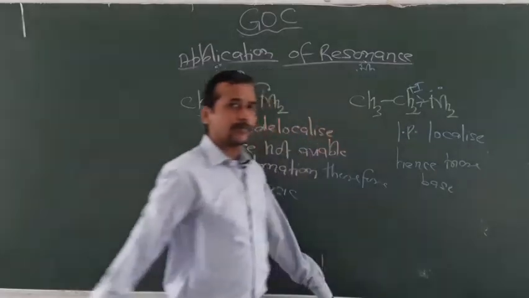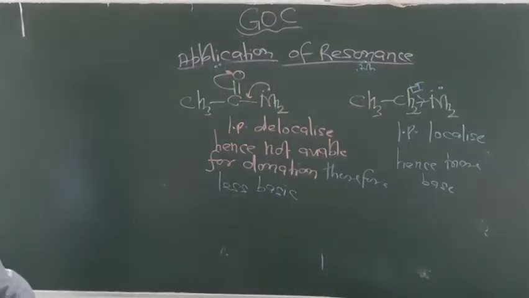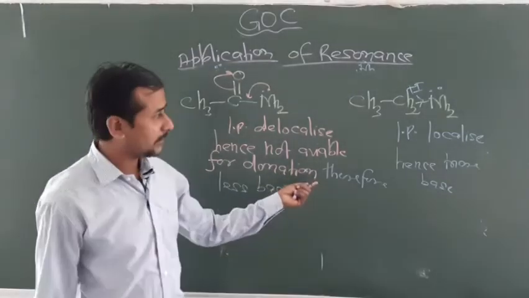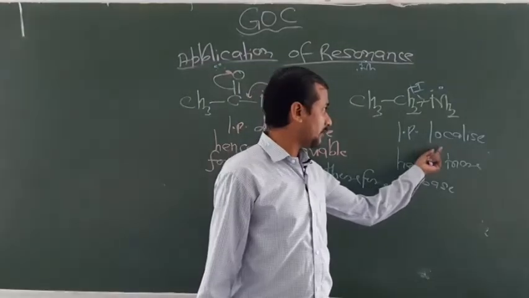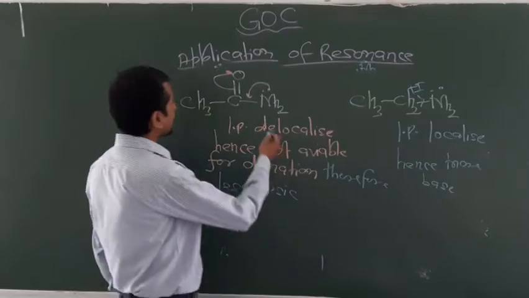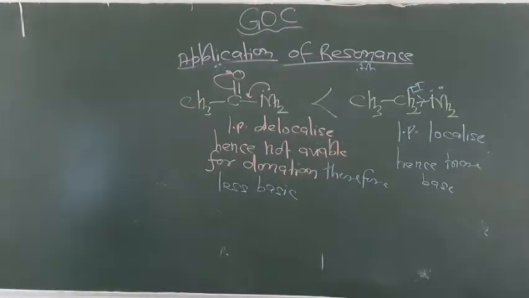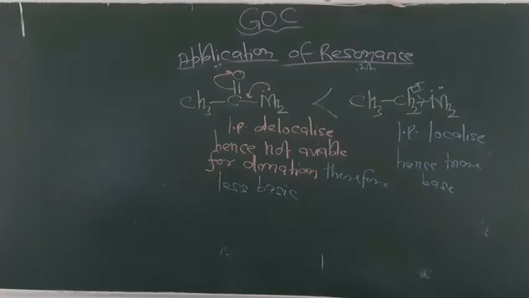So with the help of resonance, you can also find the availability of electrons. If electrons are localized, it is more basic than the condition where the electrons are delocalized. Now some more examples you can take in terms of localization and delocalization.